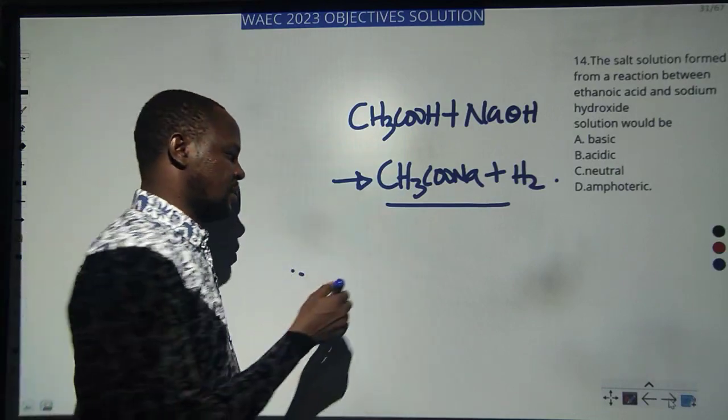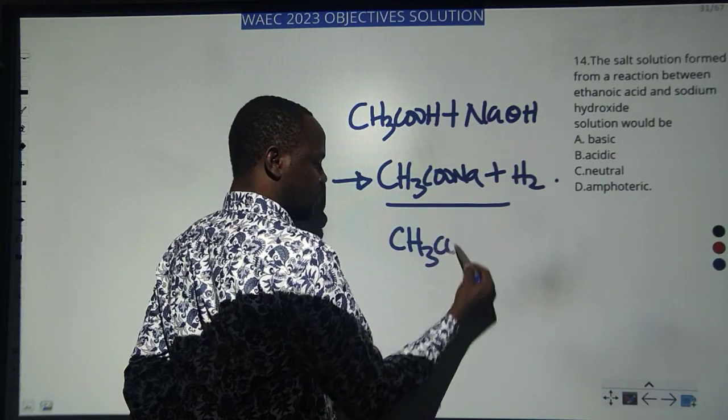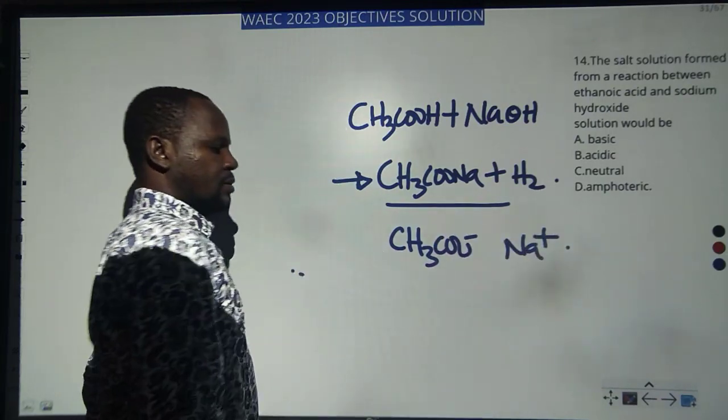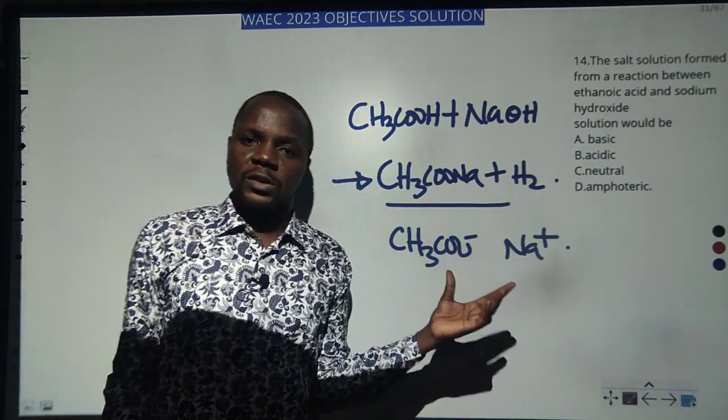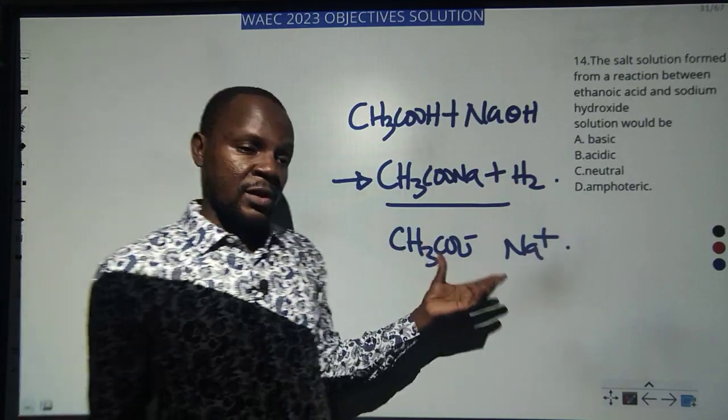In this case, we can ionize this one and get CH3COO minus, then Na plus. As you can see, you cannot say that this is not completely dissociated. This is a completely dissociated salt.